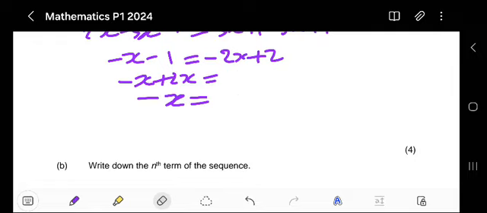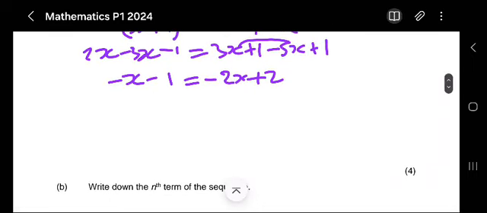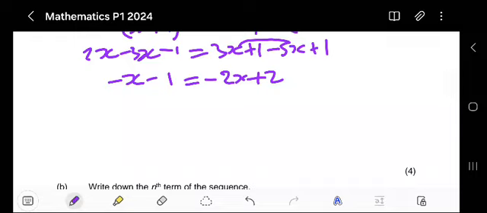Check there. Okay, what I'm doing, sorry guys. Then if you multiply, you'll get this, minus x minus 3 there. Therefore x will simply equal 3.